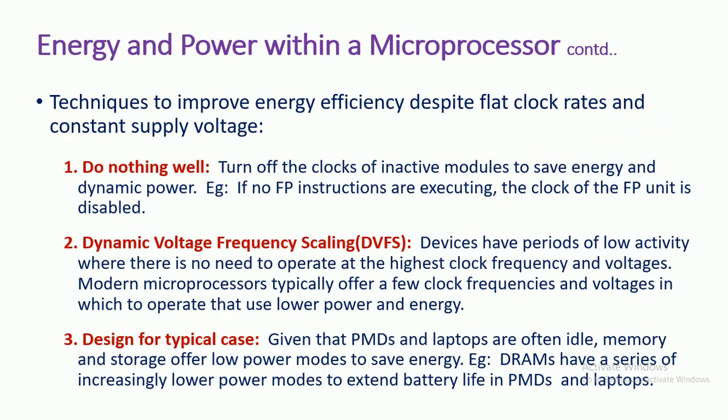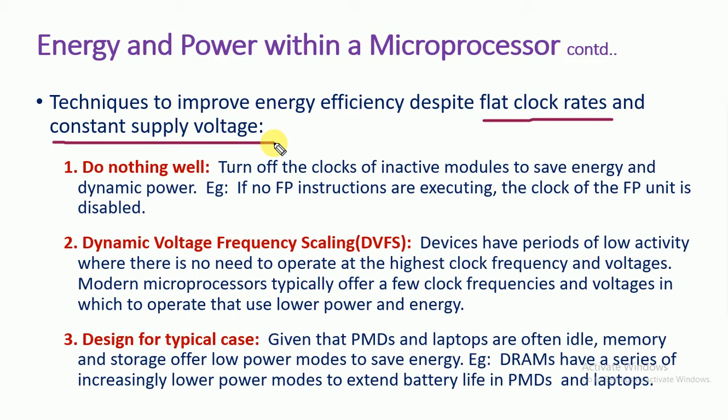Now we are considering different techniques to improve energy efficiency despite flat clock rates and constant power supply. We are assuming that we have flat clock rates, so normal clock rates are maintained, and a constant power supply is being applied.